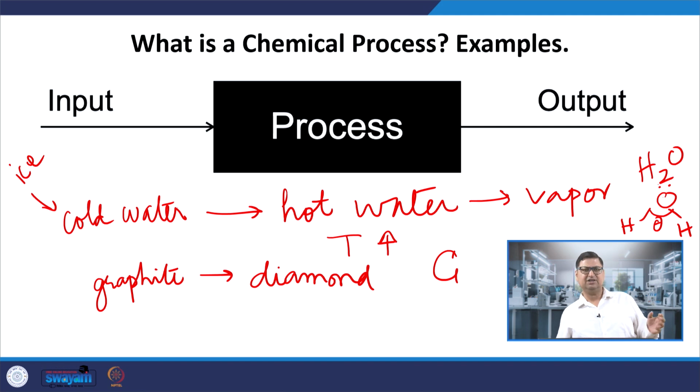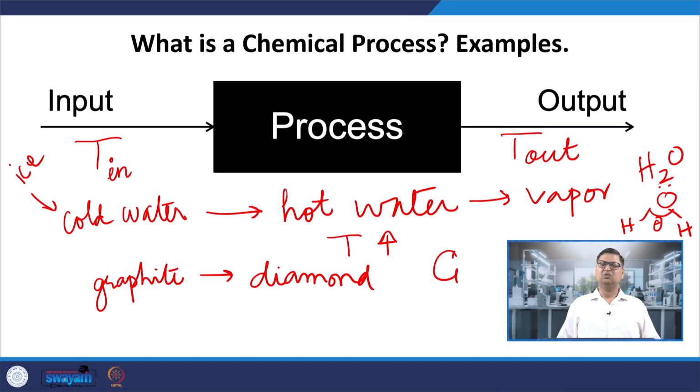Input can be, for example, cold water, output can be hot water, right. But if I have to quantify that, I can say, for example, there is the temperature of the cold water, I will call this T in, and the temperature of the hot water, let me call it T out. What I mean by observable change is that my T out should not be equal to T in, right.